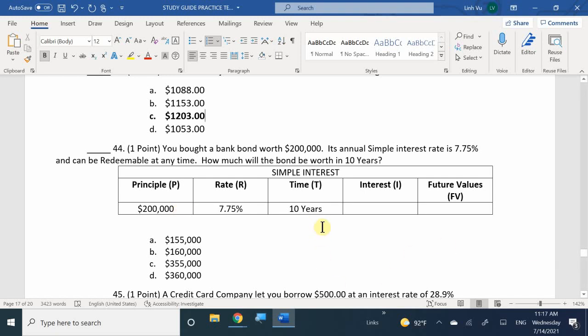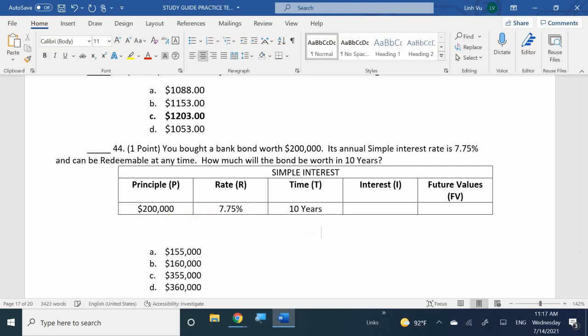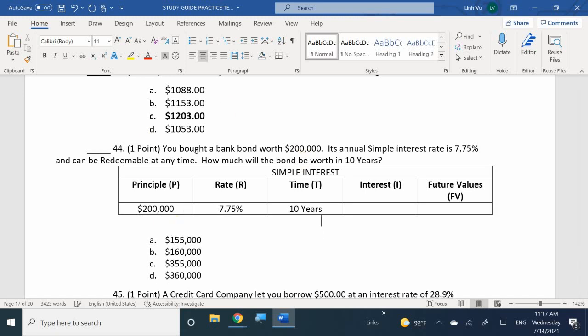The question is asking how much the bond is going to be worth in 10 years. So I need to solve for the simple interest, but the question is asking for the future value. So I got A, 155,000. Okay, explain to me, how did you get that?